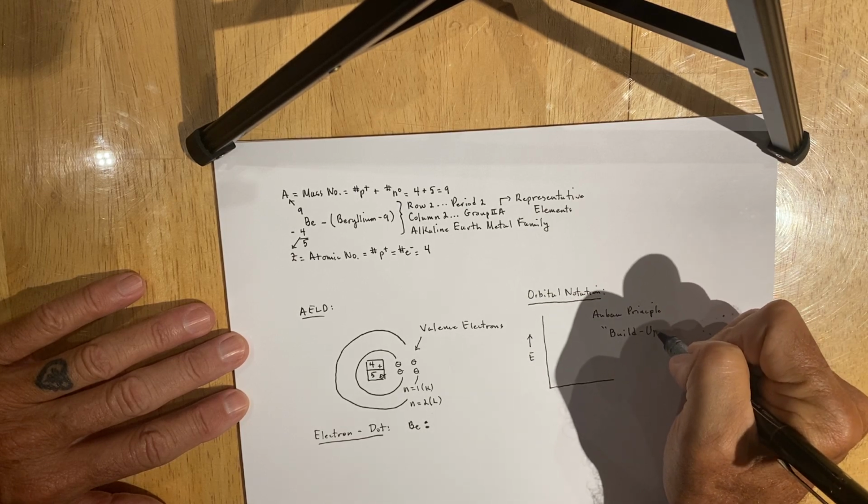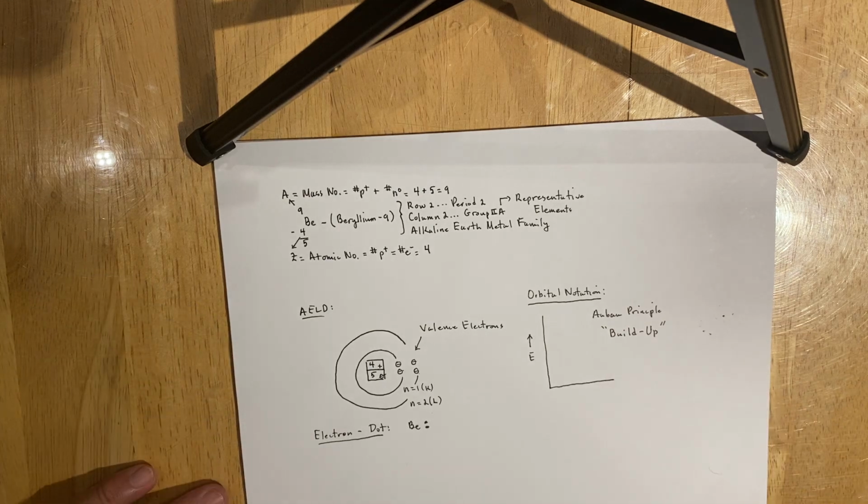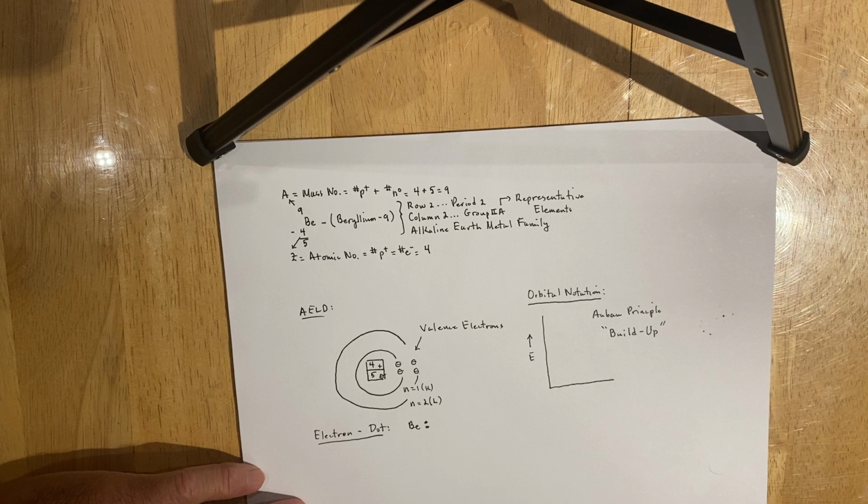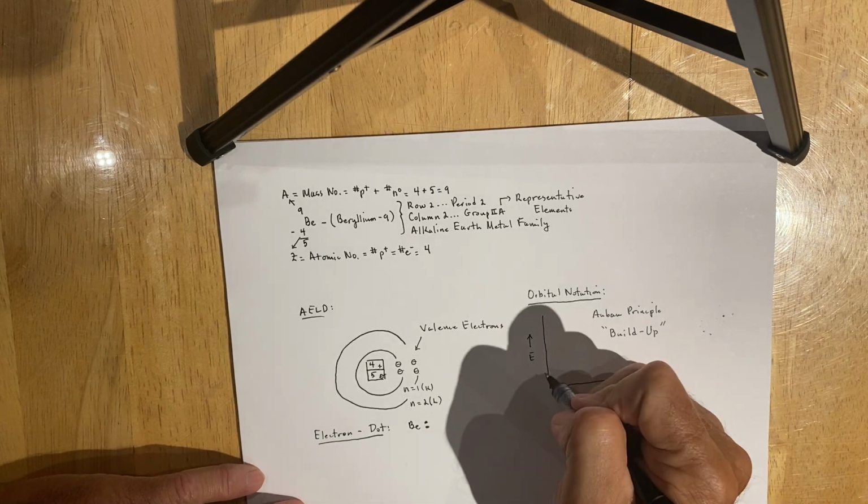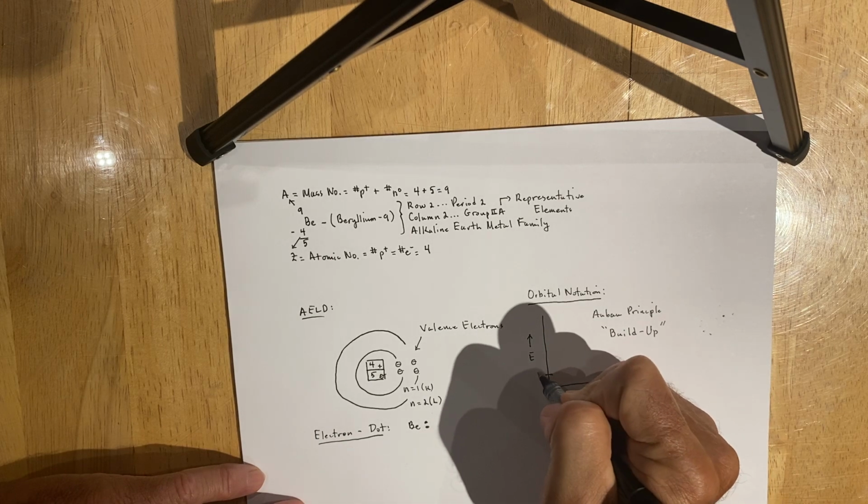So theoretically, according to quantum mechanics, when you start placing electrons in energy levels, you place them in energy levels that are lowest in energy first near the nucleus, and start placing them in higher energy levels and sublevels.